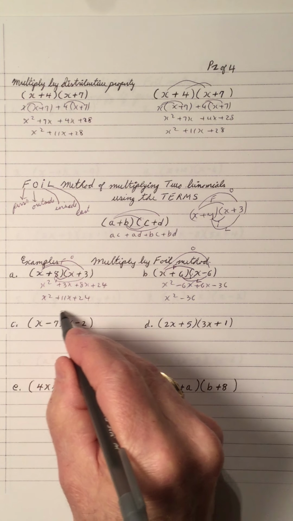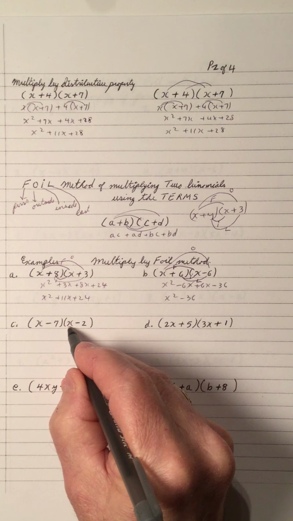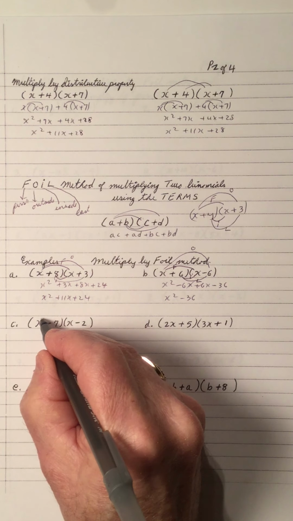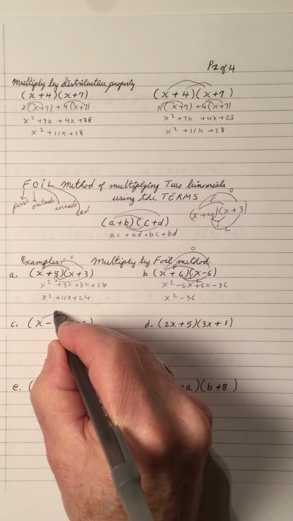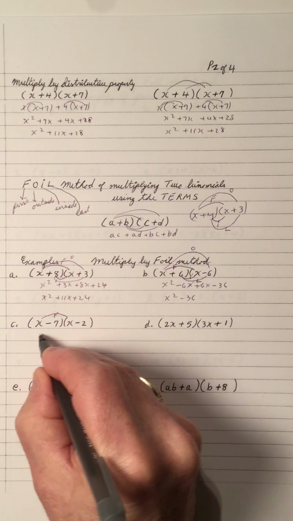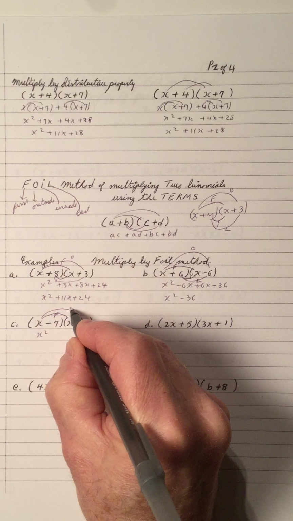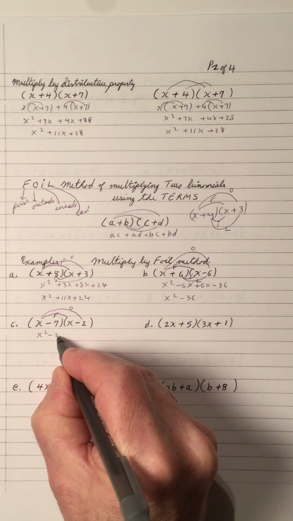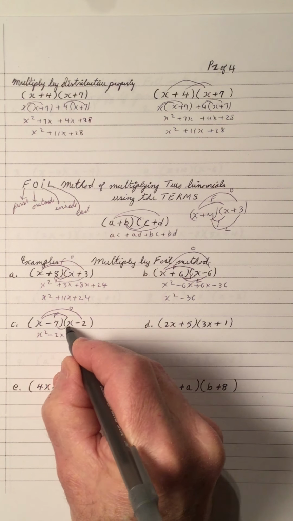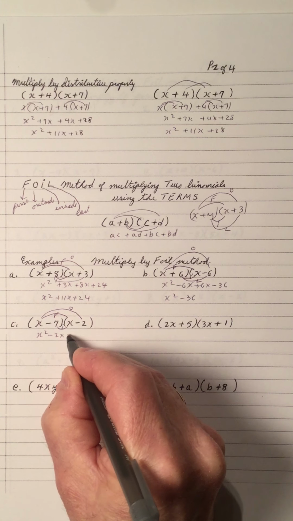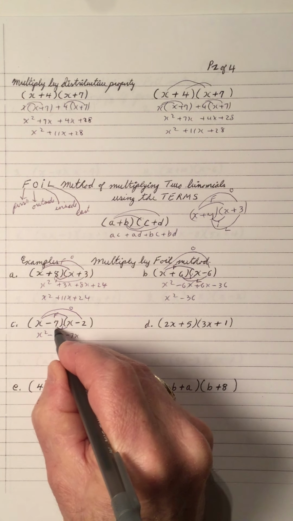First, outside, inside, last. First, there's the F, x squared. Then you go outside, O, negative 2x. Inside, I, negative 7x.